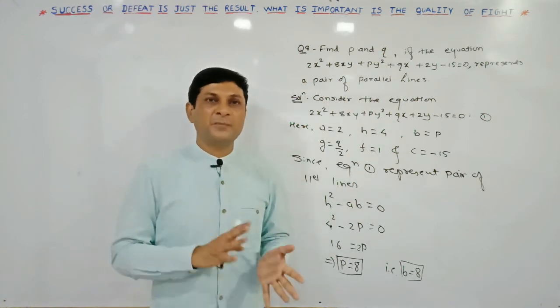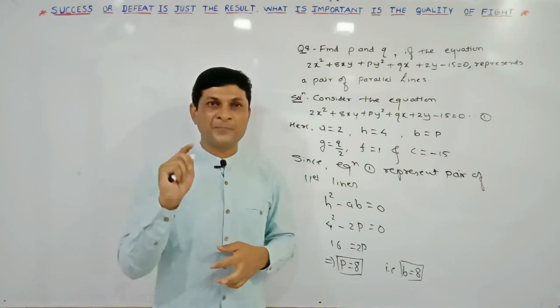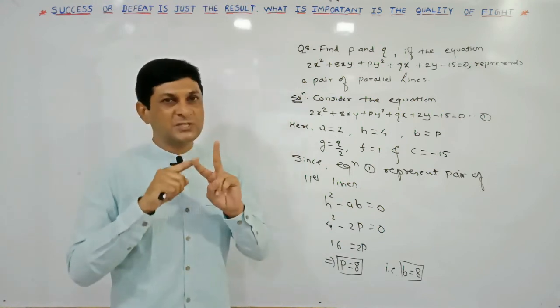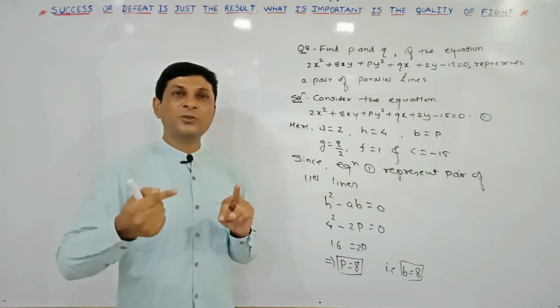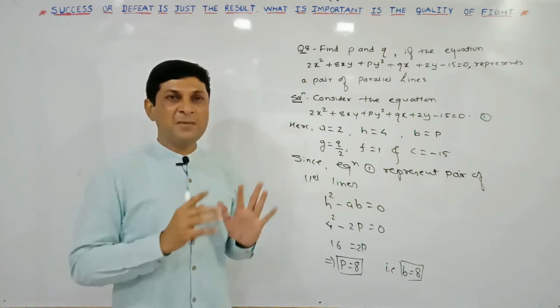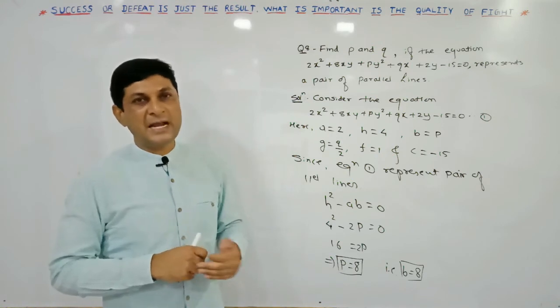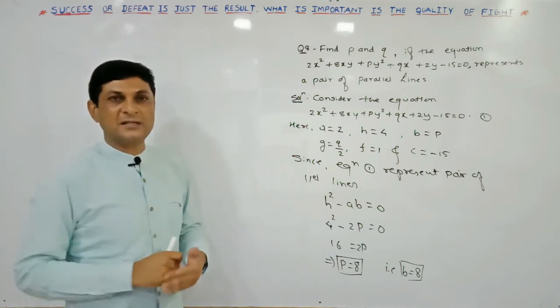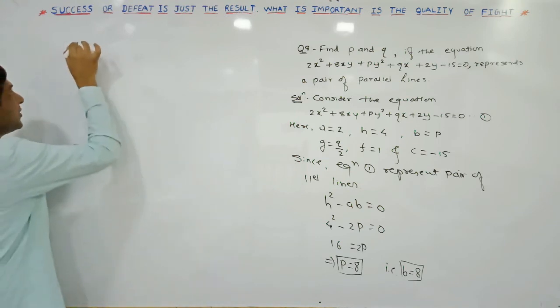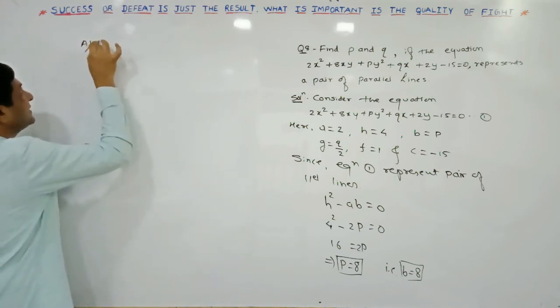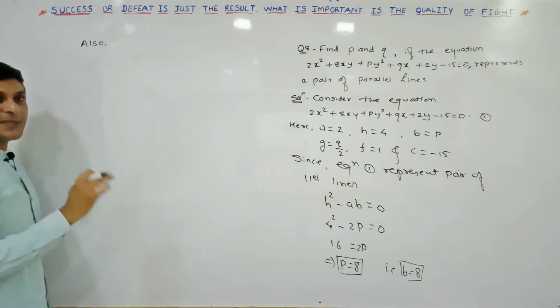Instead of the determinant we have one expression also, means we have two choices: either use the condition that the determinant is equal to 0, or use the expression which you get by simplifying the determinant. That is also given as a standard result. The last example we have solved using the determinant, so that's why here we are solving this example using the expression.